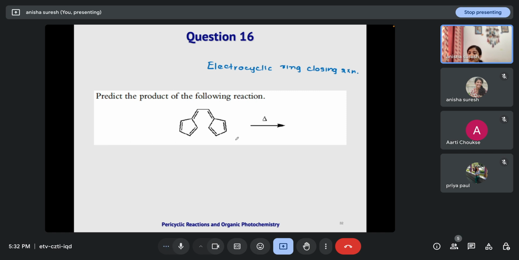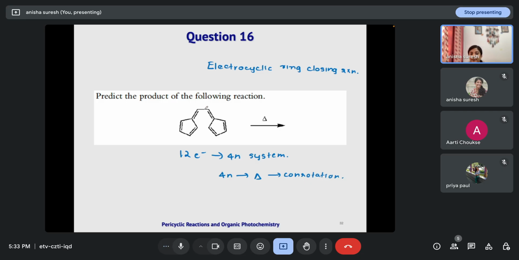So is this system 4n or 4n plus 2? Furan. 1 2 3 4 5 6, 12 electrons, so it is 4n. So it is an example of a 4n system. So a 4n system under thermal condition will undergo conrotatory mode of ring closure.